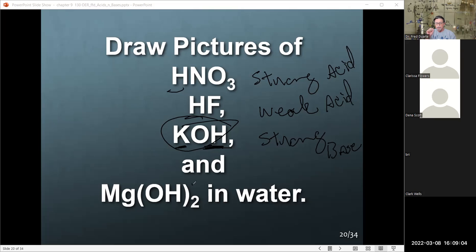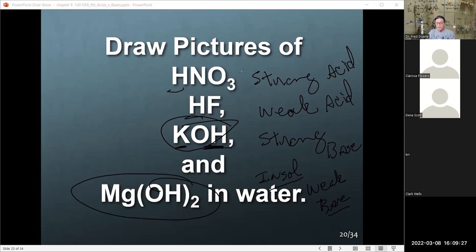And then magnesium hydroxide, based on the solubility rules, is insoluble, which means that this will be a weak base. So before I can draw any pictures of these, I first have to define whether they're strong or weak.